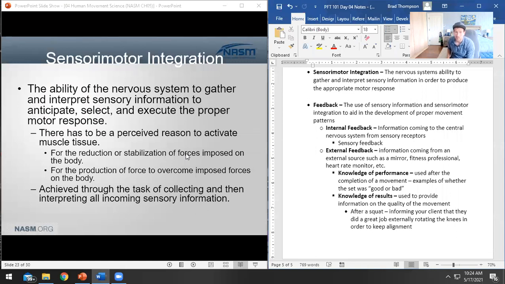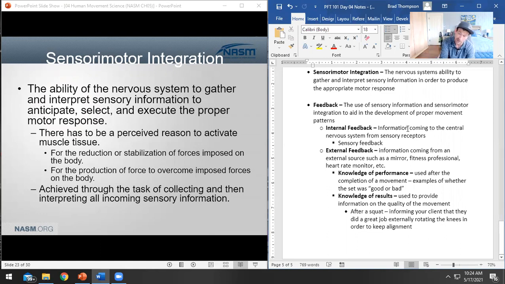And then the exact opposite is true for force production. It's like, all right, now we want to stand up. If I lean this far forward to stand up, which is a little bit too far forward, versus this far forward, I'm going to recruit different muscles in different ways. That is your sensory motor integration.